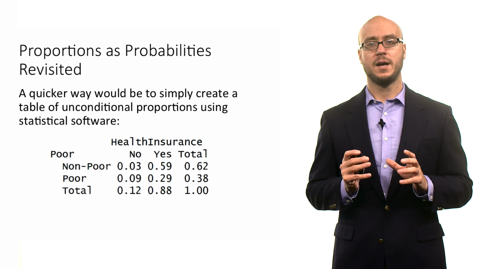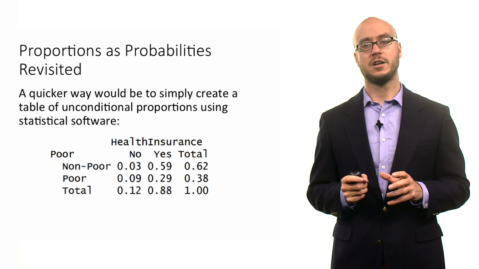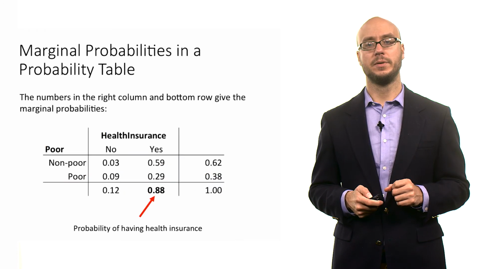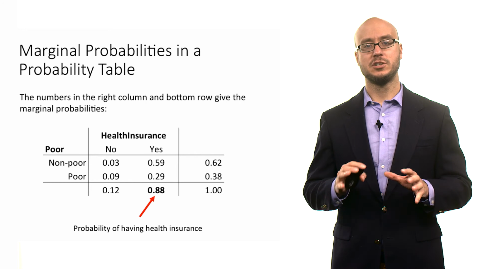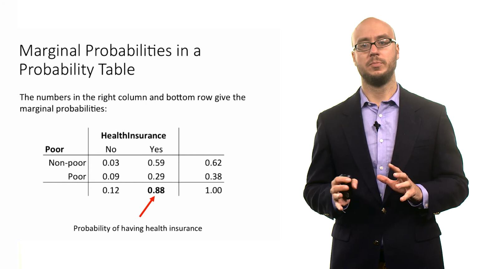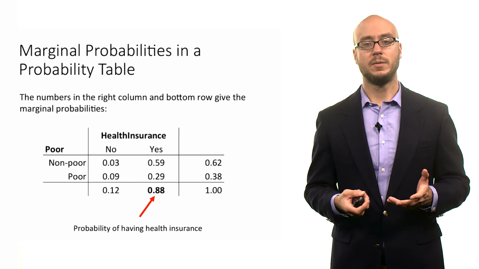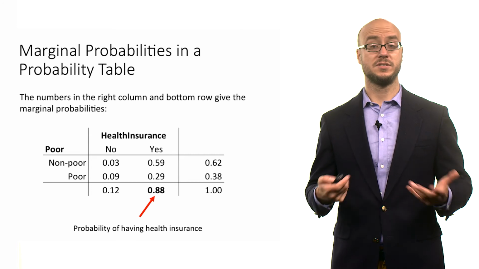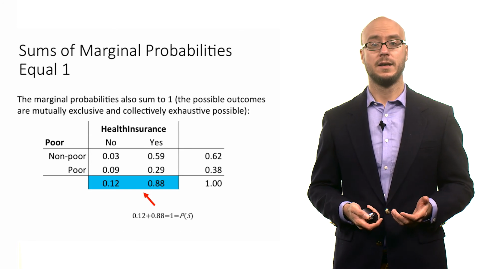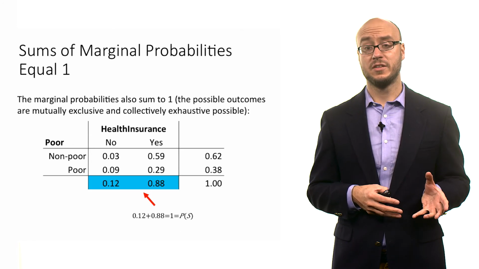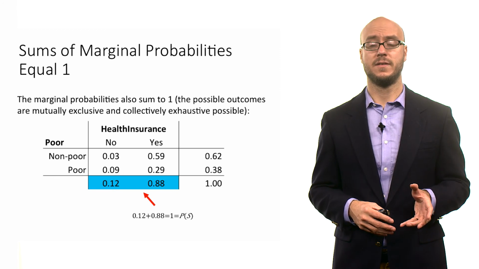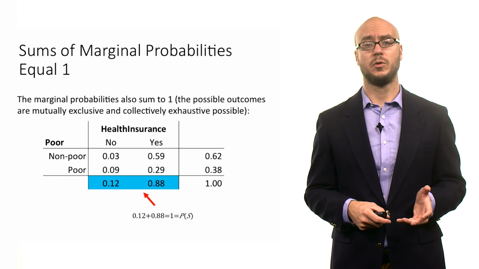When we view a table of unconditional proportions as probabilities, it's useful to look at the marginal probabilities. So the probability overall of having health insurance is 0.88. And the probability of not having health insurance, the complement of having health insurance, is 0.12.